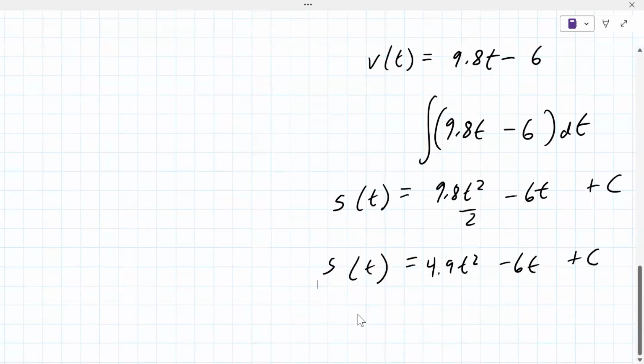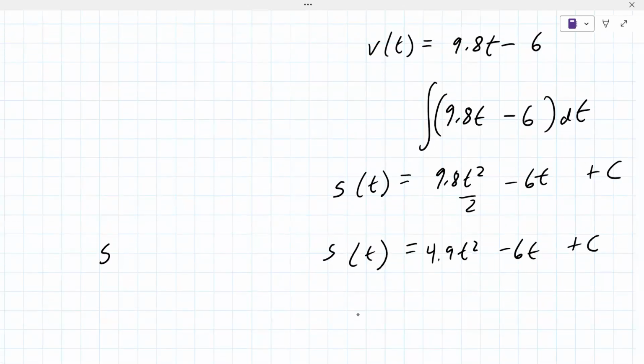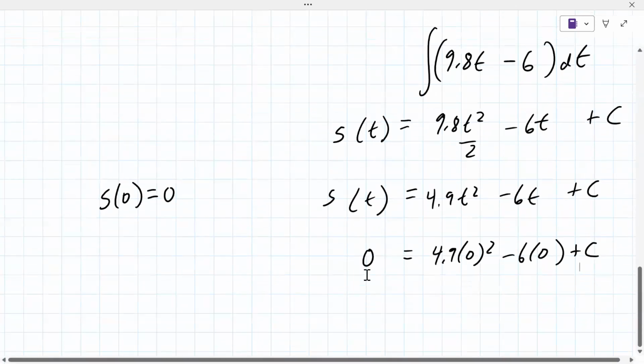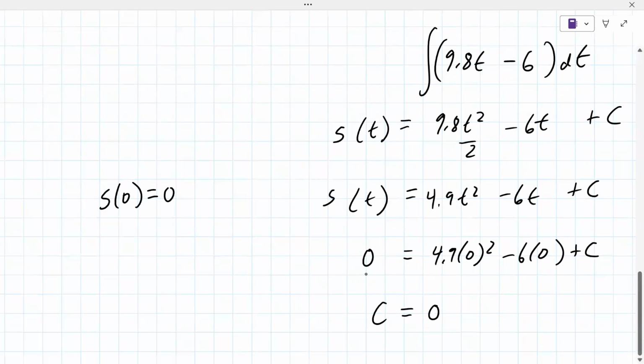And we're going to use S of 0 equals 0: 0 equals 4.9 times 0 squared minus 6 times 0 plus C. So it ends up that C equals 0.